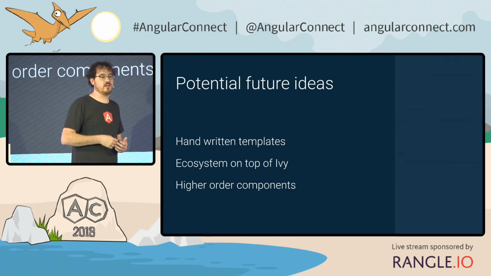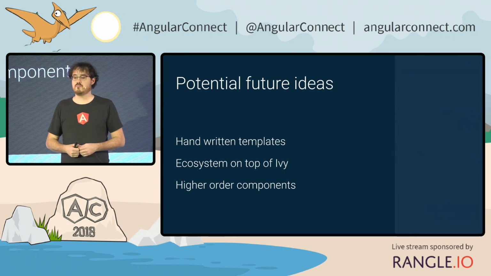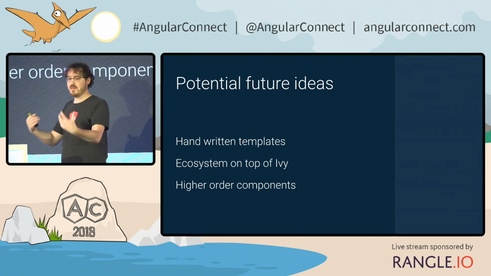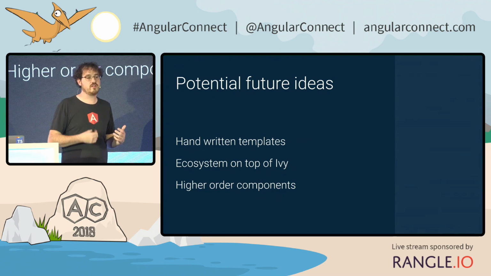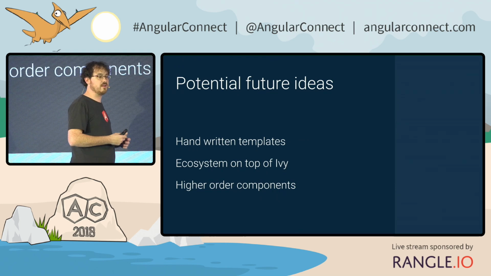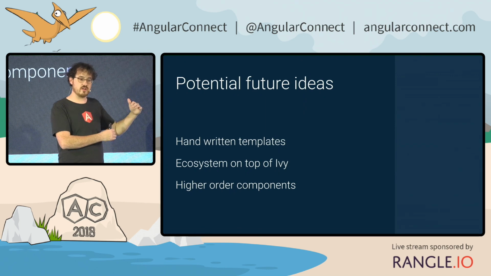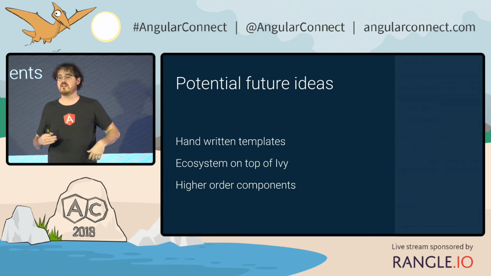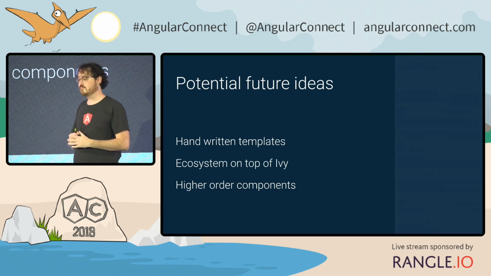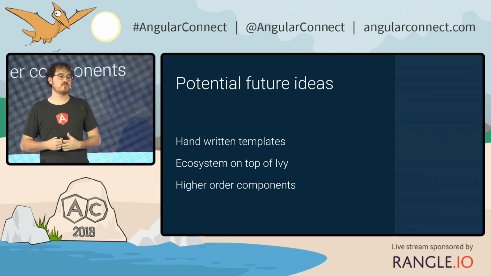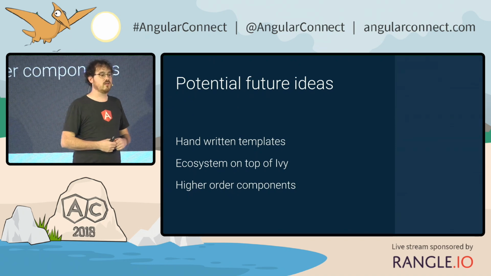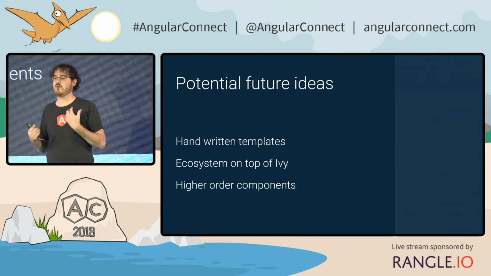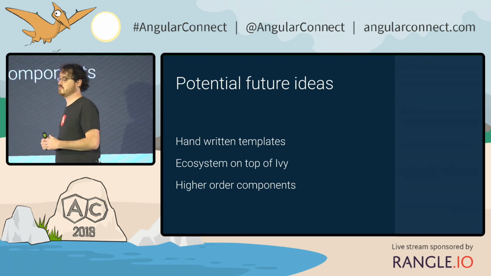And going beyond the immediate future, you'll still be able to write templates normally, of course, as HTML. But you might imagine some components with complex or unusual views might benefit from having their templates handwritten in the Ivy kind of assembly language instruction syntax instead of being compiled and translated from HTML. And we're thinking about how we can create an ecosystem around this, how we can empower the library authors in our community to come up with interesting and powerful abstractions on top of Ivy's low-level APIs.